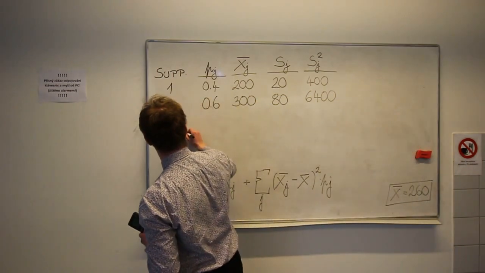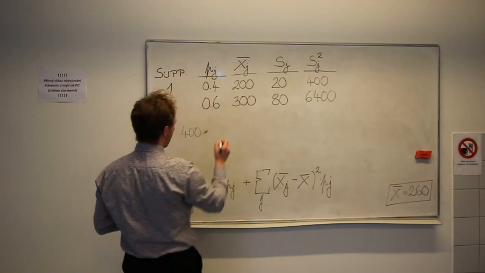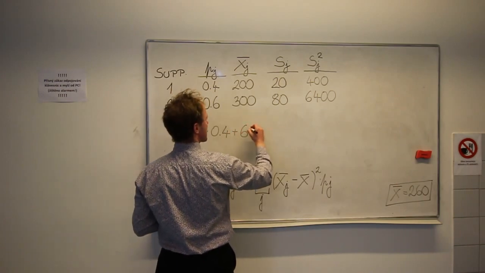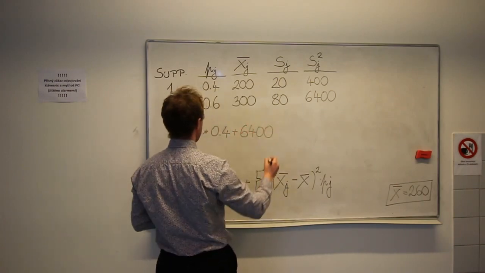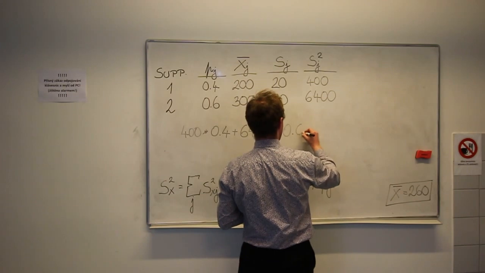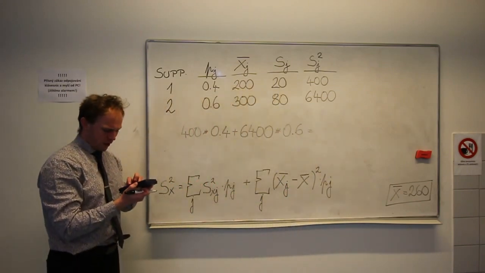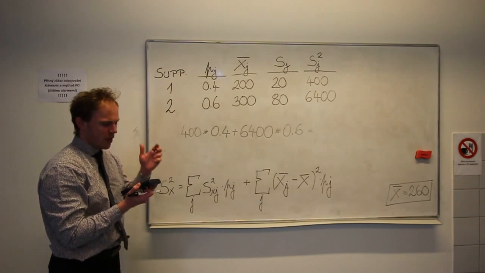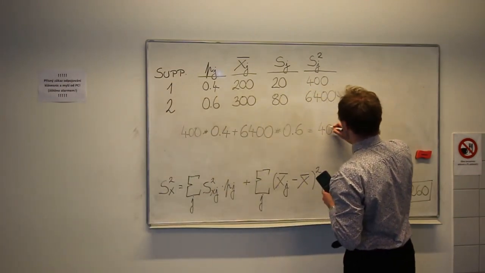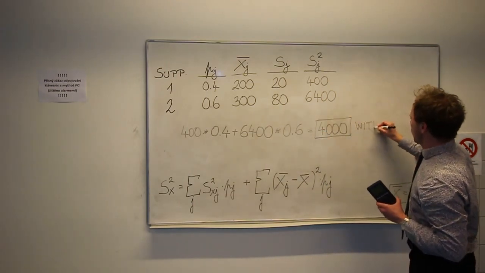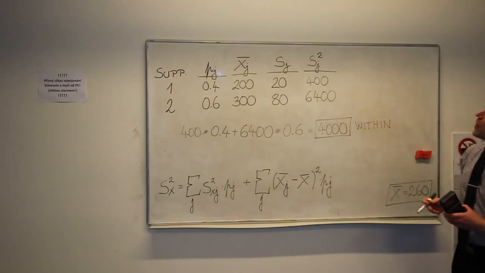So 400 weighted by 0.4 plus 6,400 weighted by 0.6. 400 times 0.4 plus 6,400 weighted by 0.6. Result is 4,000. So this is within group variability.